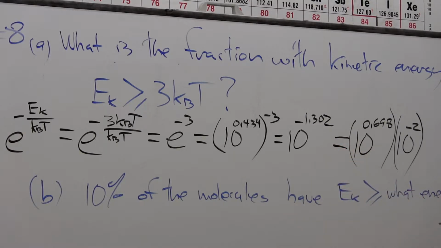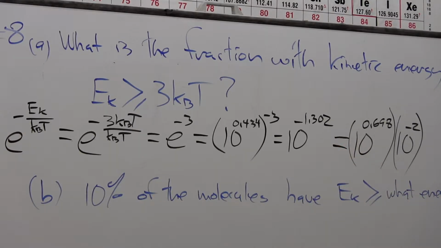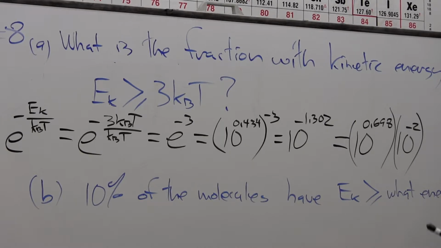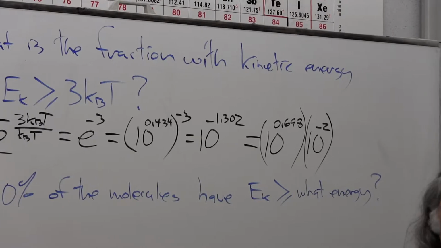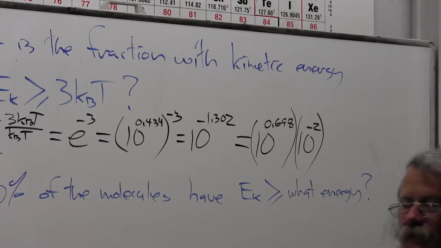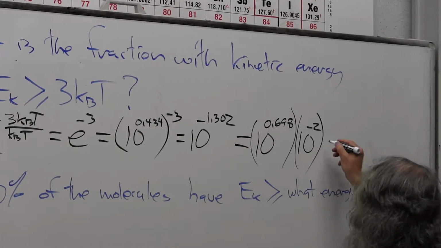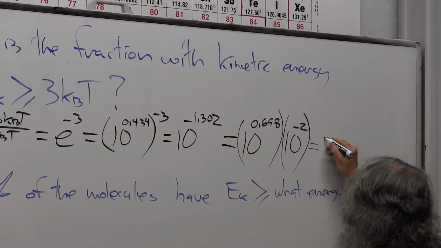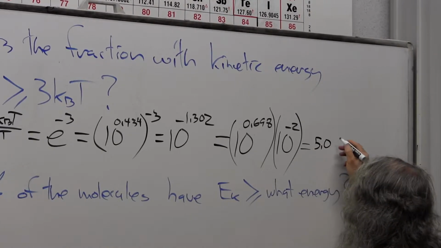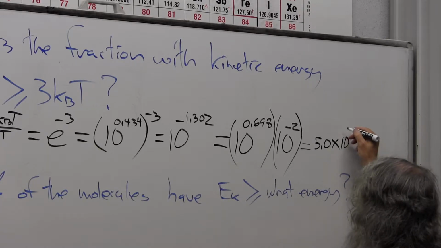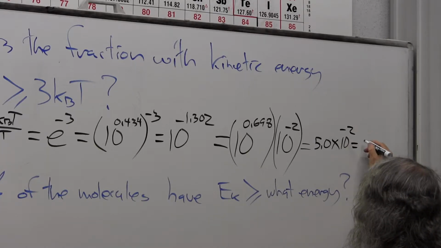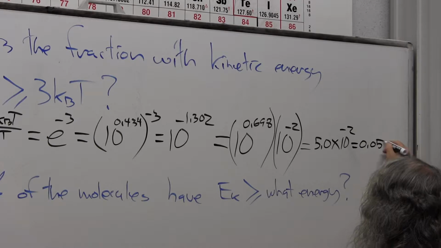Okay, now I've got a number that I can get pretty close to, because 0.699 is what? 5. So that is equal to 5.0 times 10 to the minus 2 equals 0.05.